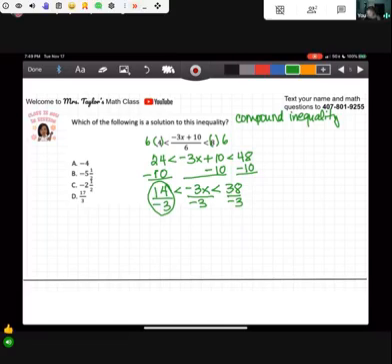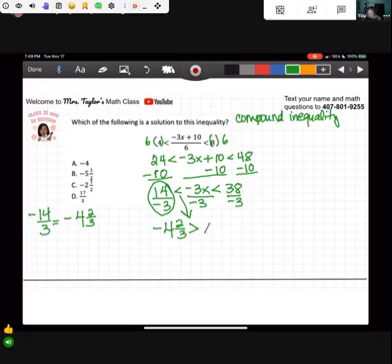Let me just write this to the side. Negative 14 over 3 is really going to be negative 4 2/3. Okay? So this is going to be negative 4 2/3. And I've got to switch the direction of the inequality. So now it looks like this.